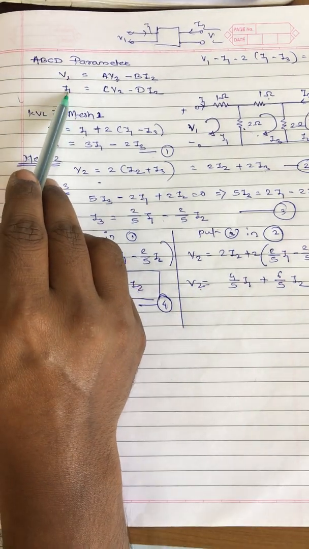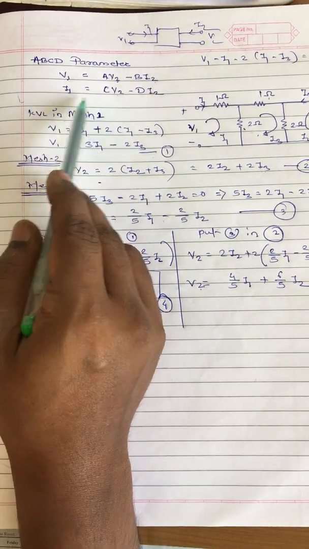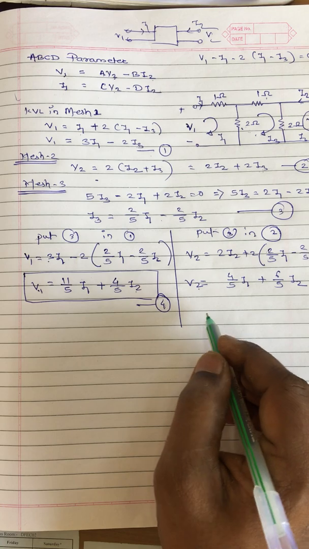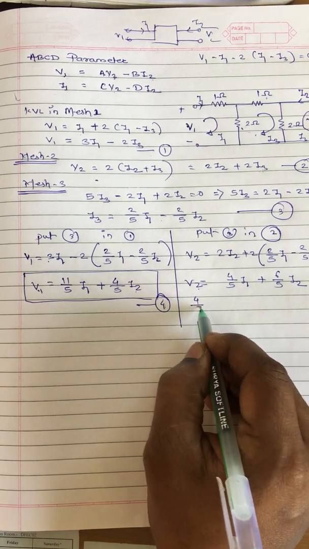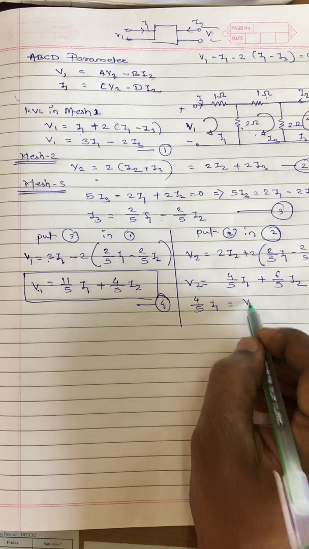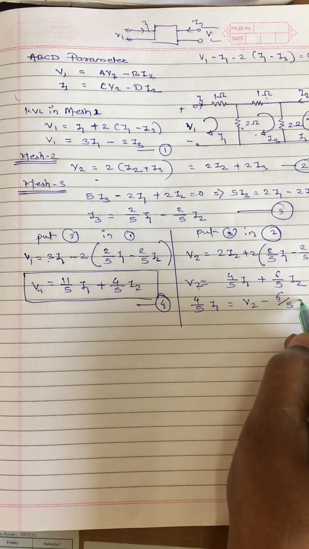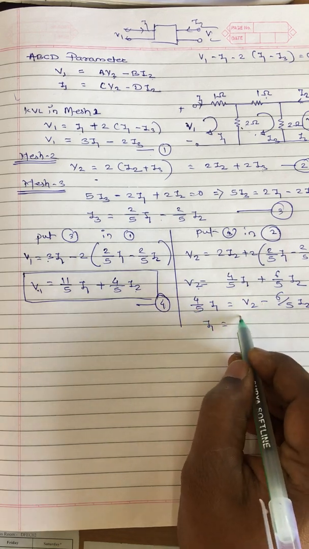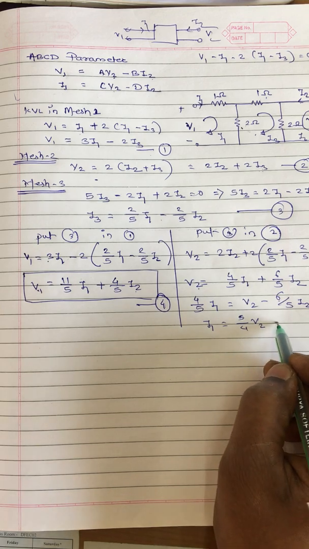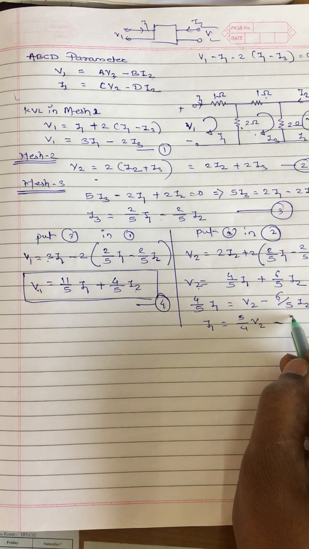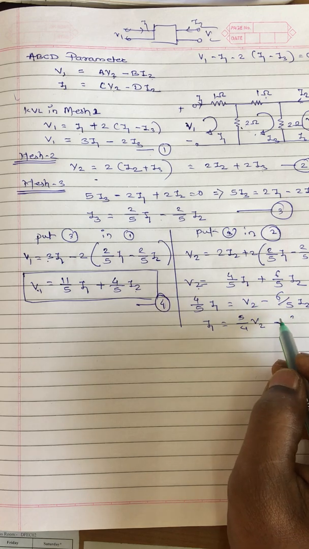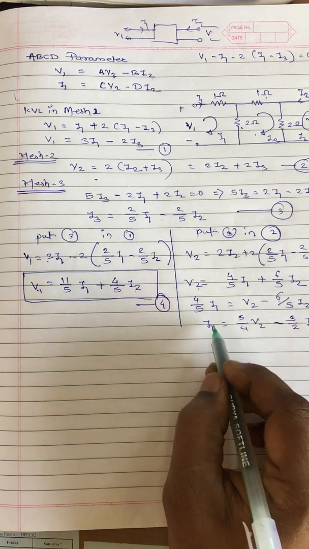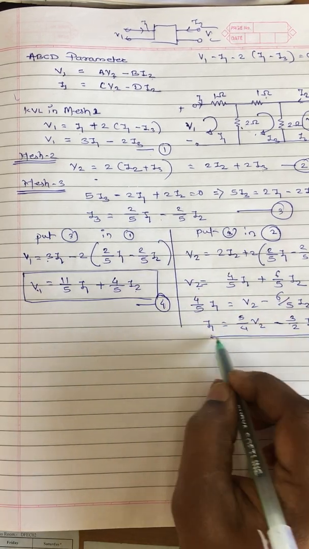So we have got this second equation, but we have to rearrange it for I1. So 4 by 5 I1 equal to V2 minus 6 by 5 I2. Rearranging for I1, I1 equal to 5 by 4 V2 minus 6 by 4, because 5 gets cancelled, and 6 by 4 means 3 by 2, so 3 by 2 I2. Now this is the equation of our interest.